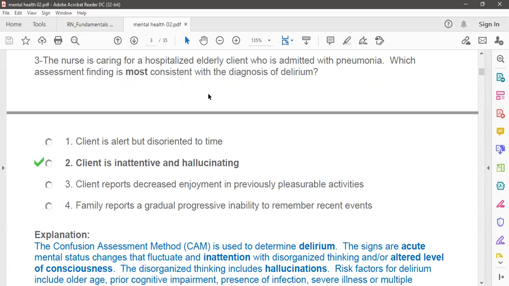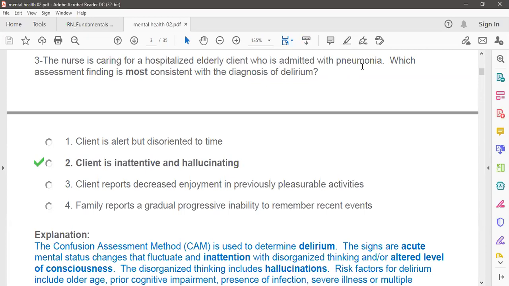Dementia is a neurological disorder. Usually the patient gives a history of Alzheimer's, but this patient does not. It is pneumonia, a lung infection.